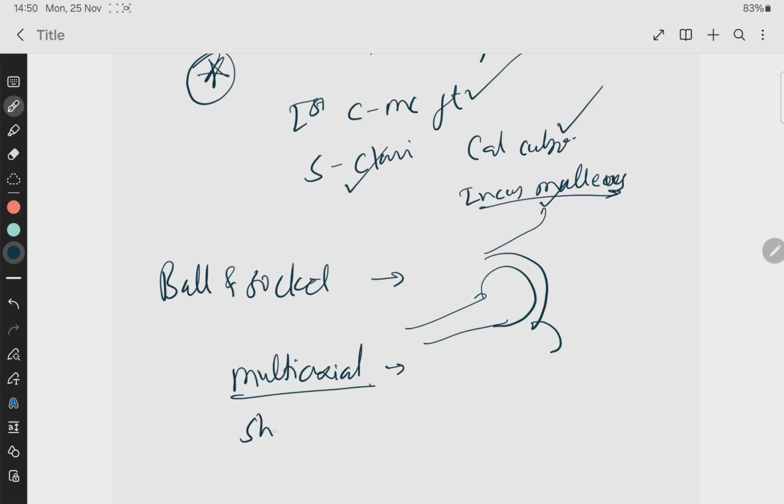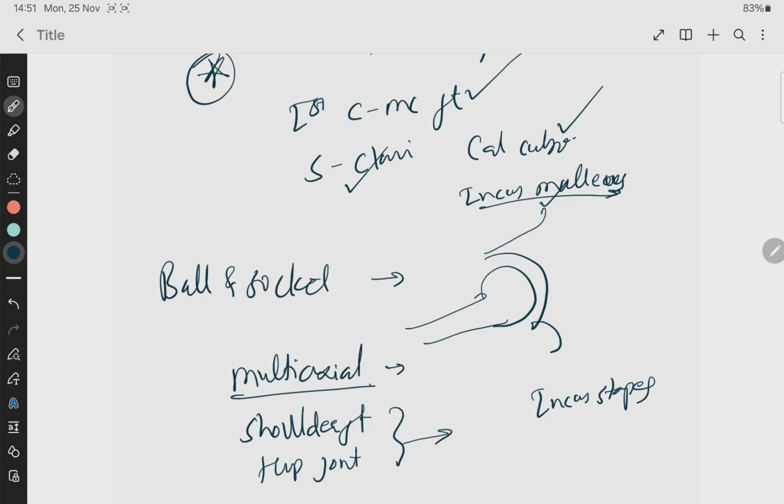The classical example is the shoulder joint and the hip joint. These are the freely movable ball and socket type of joint. The joint between the incus and the stapes, called the incudostapedial joint, and the calcaneonavicular joint are also examples of ball and socket type of joint, but these two are the restricted type of ball and socket joint where there are no free movements, unlike the shoulder and hip joint where all kinds of free movements are possible.